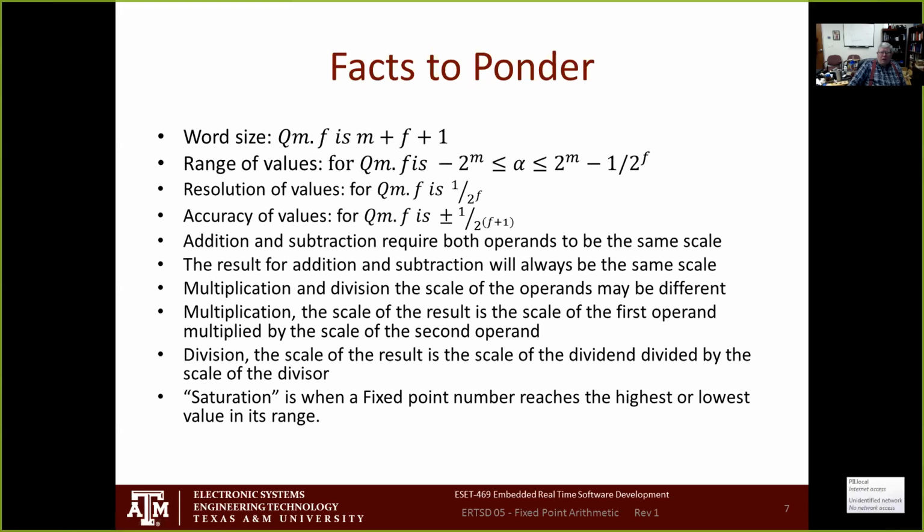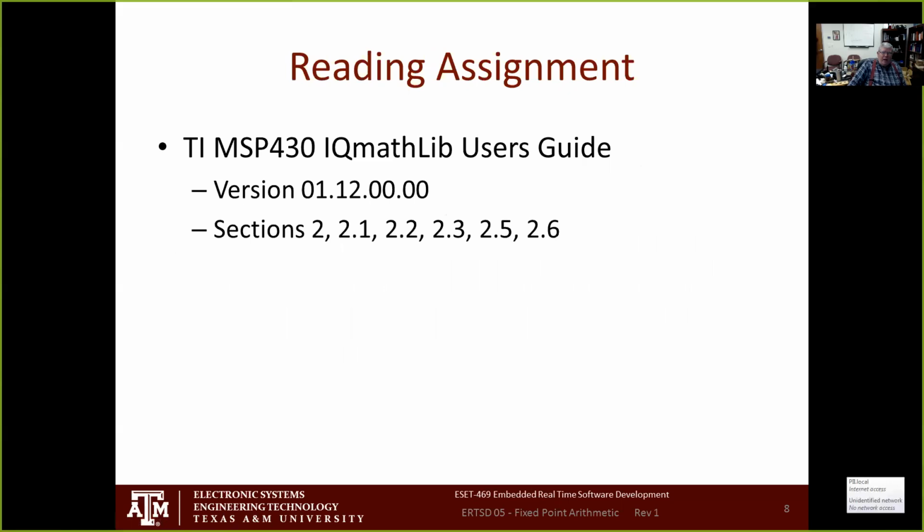So this is all well and good, and you can certainly write fixed point arithmetic, and I've done fixed point arithmetic for years, where I actually wrote all the functions to do the adding and subtracting and multiplying and dividing. But as it turns out, Texas Instruments, this is one of those things where I'm going to sing their praises, has provided us with a library.